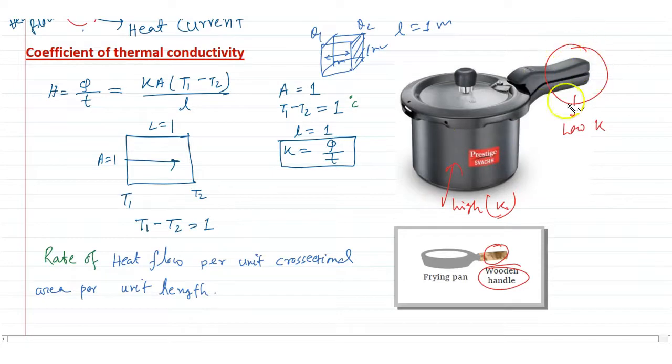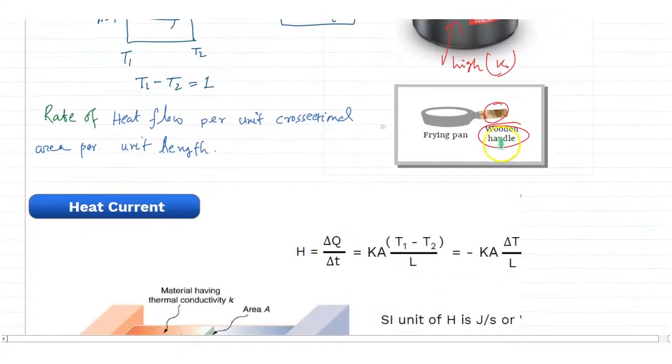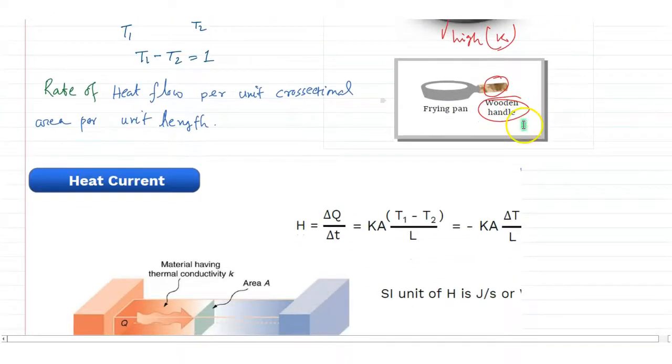But the conductivity of the handle is very low, so it cannot heat up, means heat energy cannot conduct easily from high temperature to low temperature. That's why it stays cool, so we can take it by the handle. And in the case of a frying pan, we know the wooden handle, wood has low conductivity.